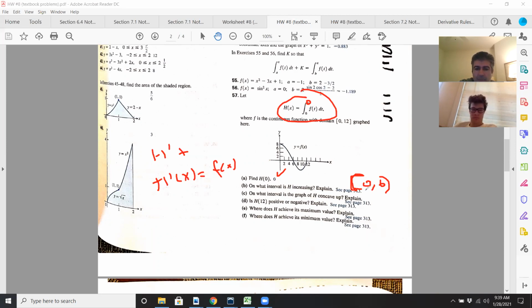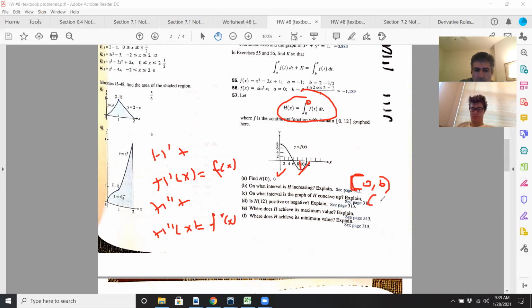For concave up, in this case, we want h double prime to be positive. Well, h double prime of x equals f prime of x. So in this case, I need f prime to be positive. That's definitely positive from, hard to tell, but I'm going to say probably from 9 to 12 because your tangent lines are positive there.